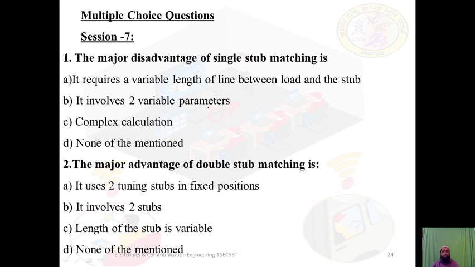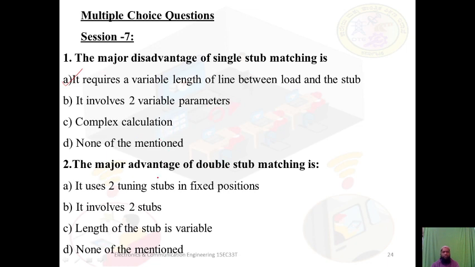D, none of the mentioned. Who will guess the answer? The answer is option A. As we discussed, the drawback of single stub matching is that it requires a variable length of line between load and the stub.